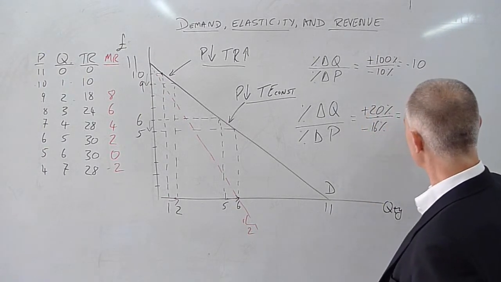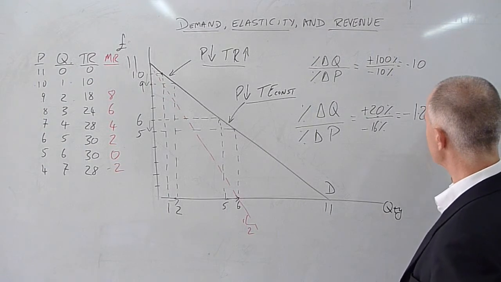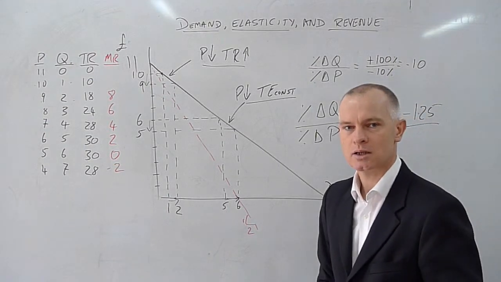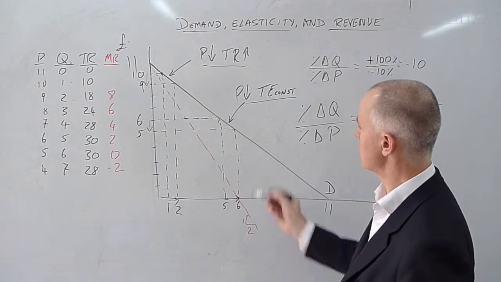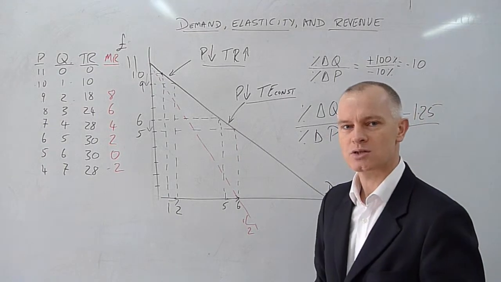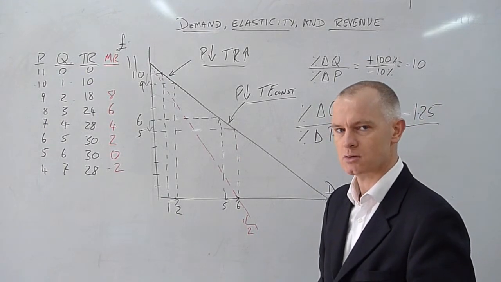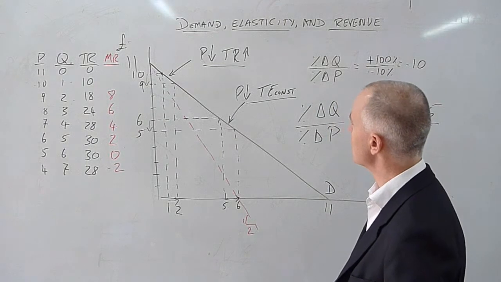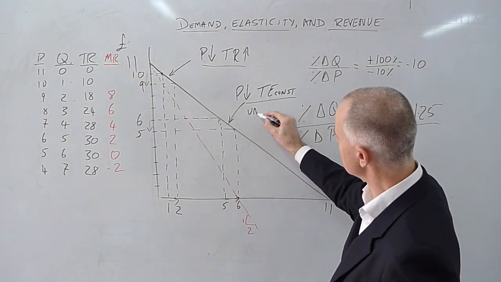This would give us an elasticity value which we would normally regard as elastic. However, if expenditure does not change with a price cut or a price rise, we say elasticity is unit.